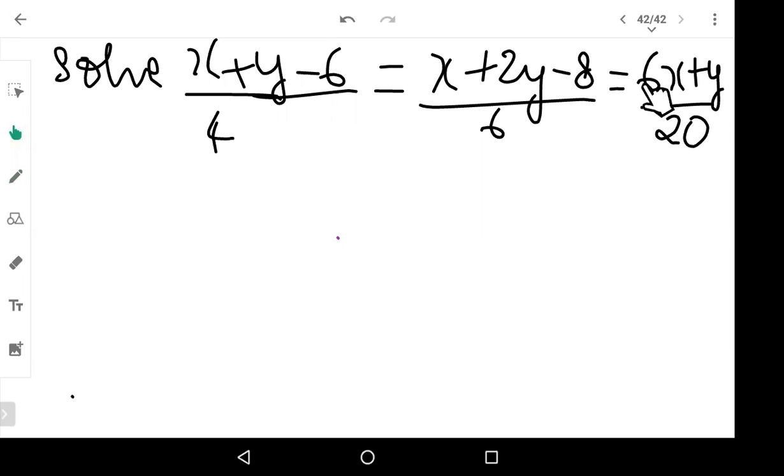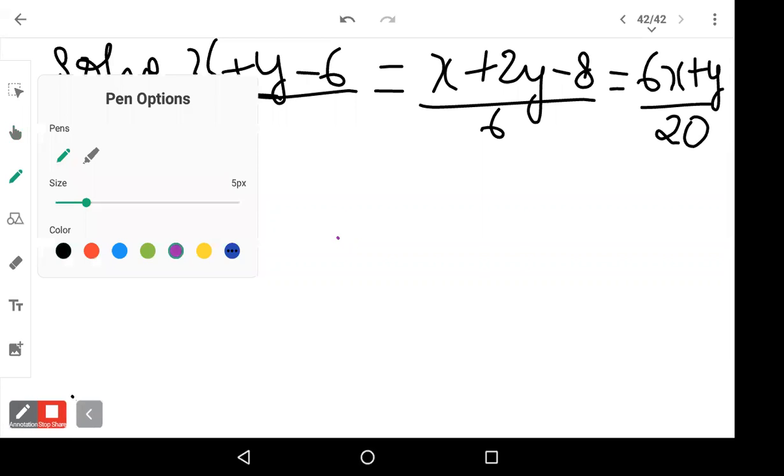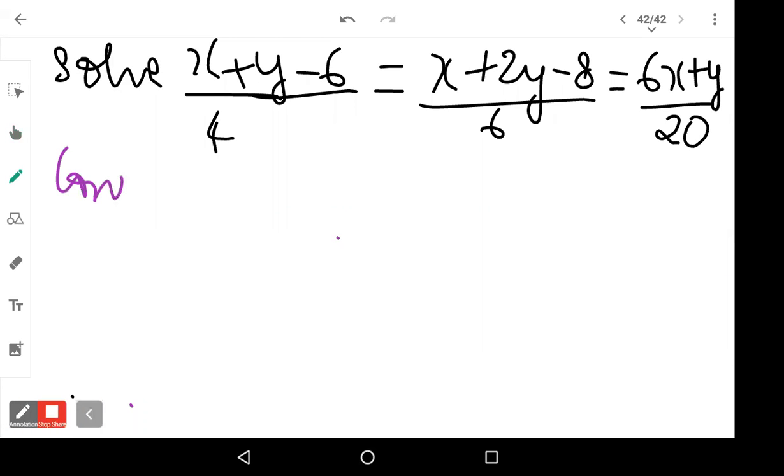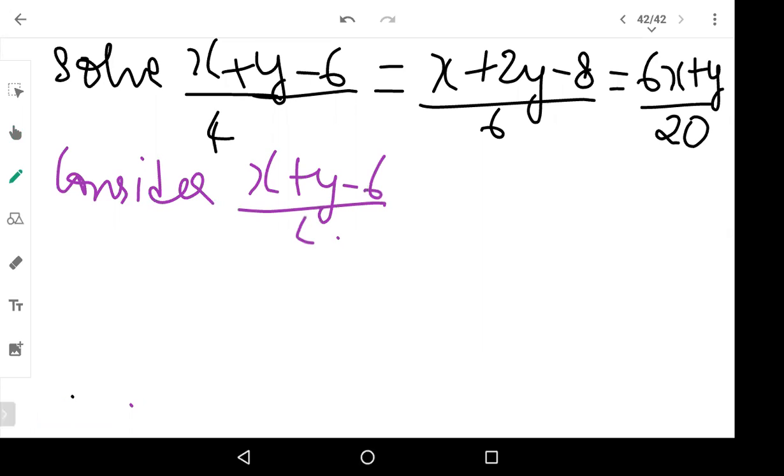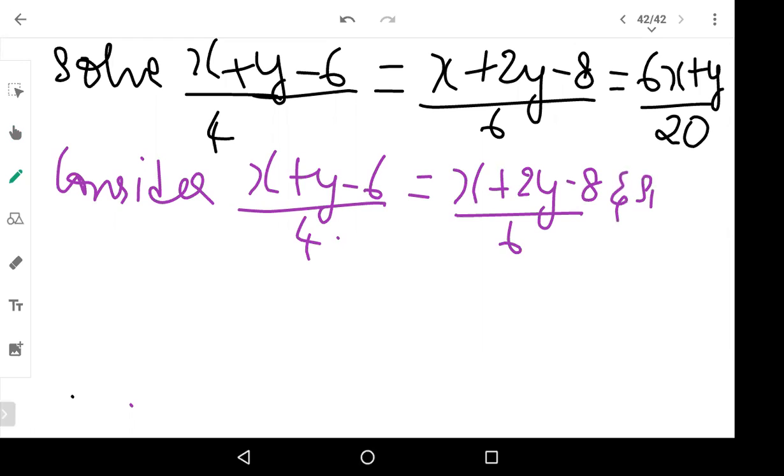So in this, what we will do is first take 1 and 2 and simplify, and then take 1 and 3 and simplify. That is the logic we'll be using. Let us solve this. Consider (x plus y minus 6)/4 equal to (x plus 2y minus 8)/6 and simplify.